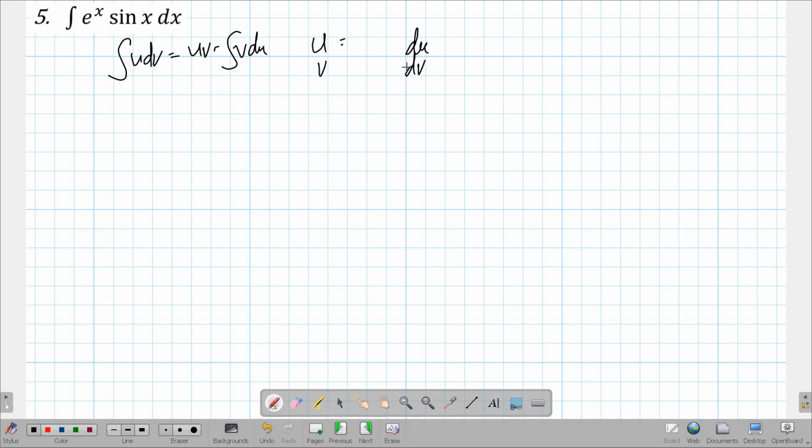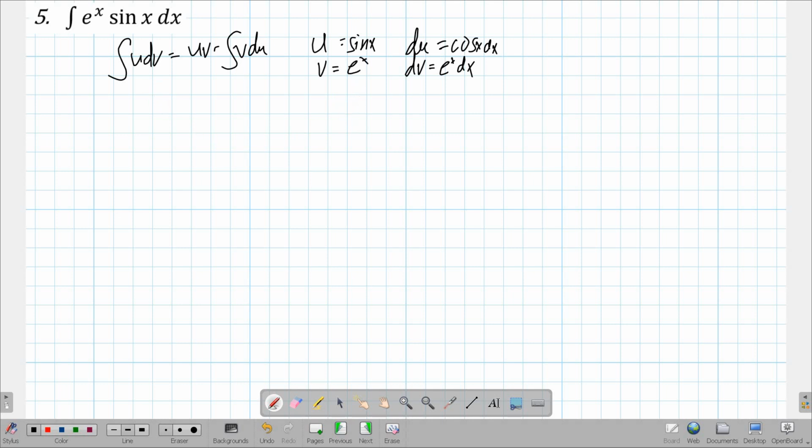So, like what we've been doing before, it looks like it's easier to select e raised to x dx as our dv and hence sine x as our u. The derivative of sine x will be cosine x dx, while the integral of e raised to x dx is equal to e raised to x.